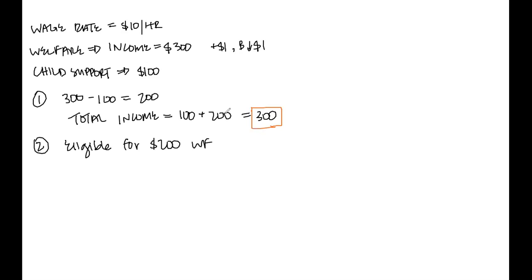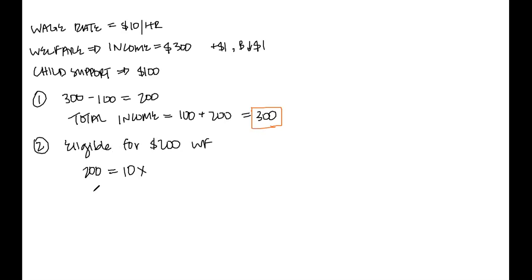So if she's working at $10 an hour, we can just set up this equation of $200 equals 10x, x equaling the number of hours worked. So what this is saying is, how many hours does she have to work before she's making the $200 that she's eligible for, therefore no longer being eligible for welfare.